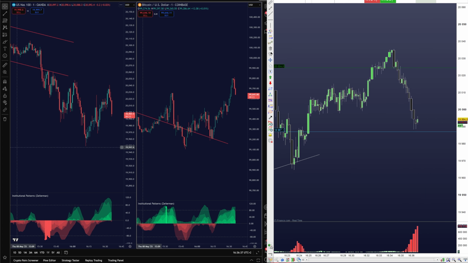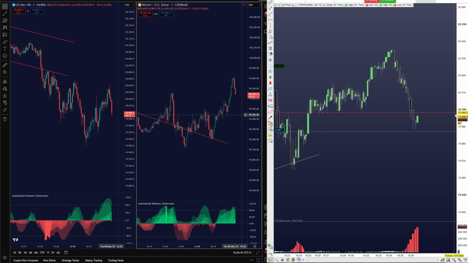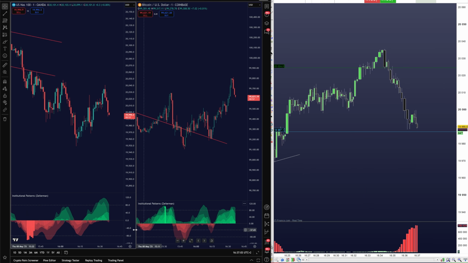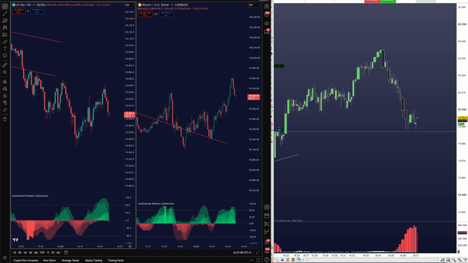So I will just keep this going a little bit, because this move back down to the 20k mark can easily fuel the market to make the next leg up, guys. But you never know. It's still a little bit of bearish order flow. You can see these bearish candles to the downside. So we need to get these turning green to be really bullish.